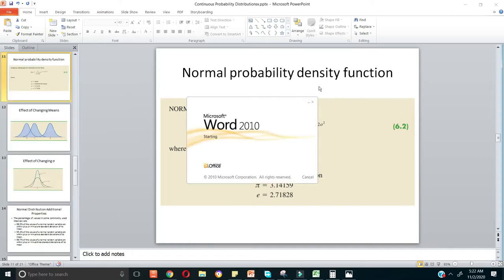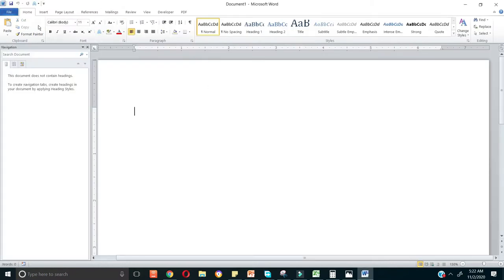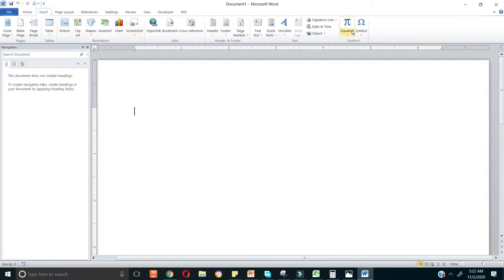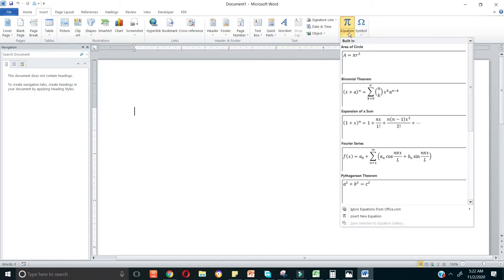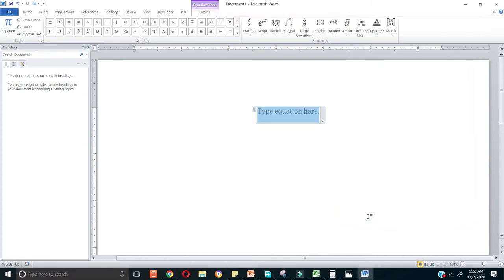You can actually get the probability density function. Let's just get a new equation over here. So we have P of x. Let me use uppercase P to mean this is really the cumulative probability.